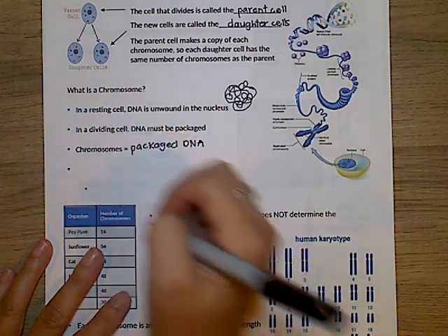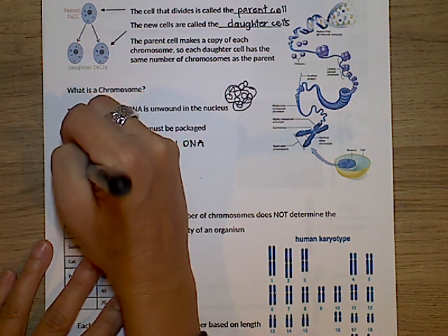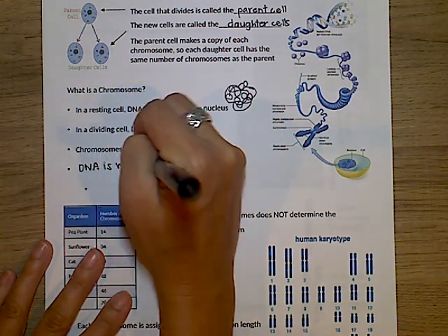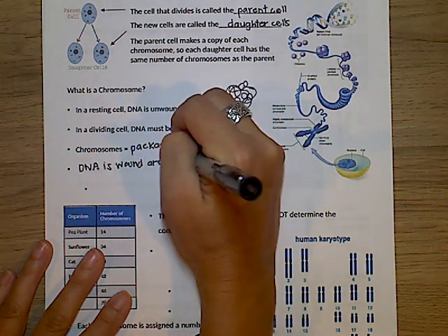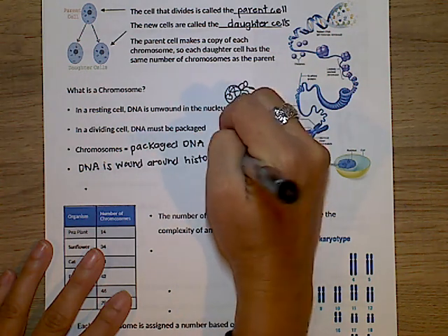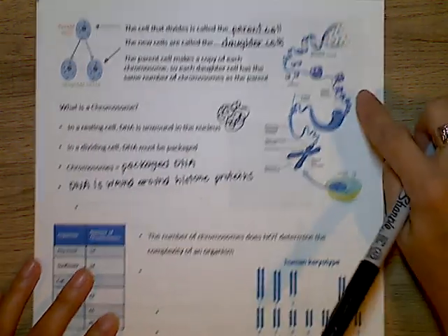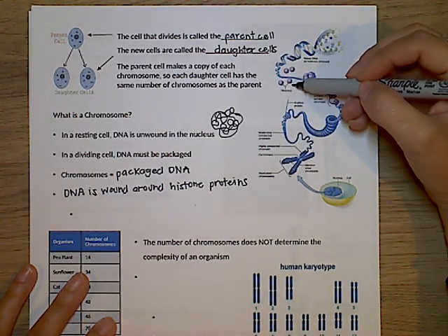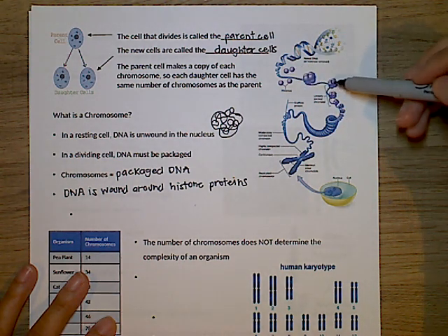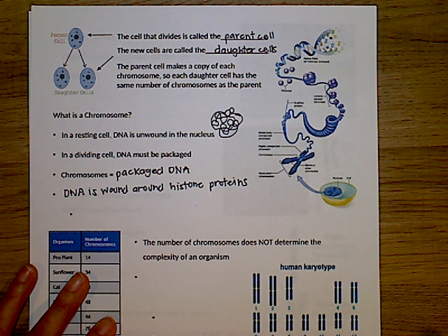So kind of what it looks like is DNA is wound around a protein called a histone. And it shows it here in this picture. These purple structures are the histones. This is the DNA, and it wraps around those, and then wraps and wraps and wraps some more until you end with a chromosome.